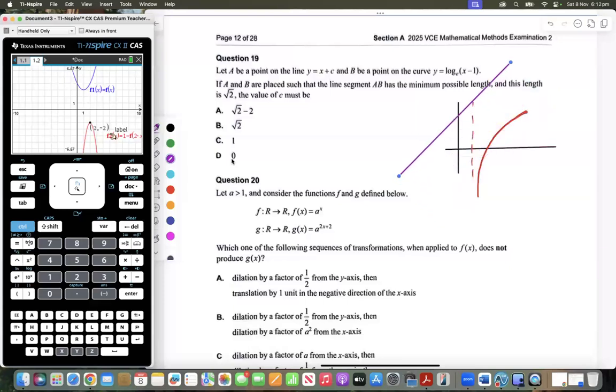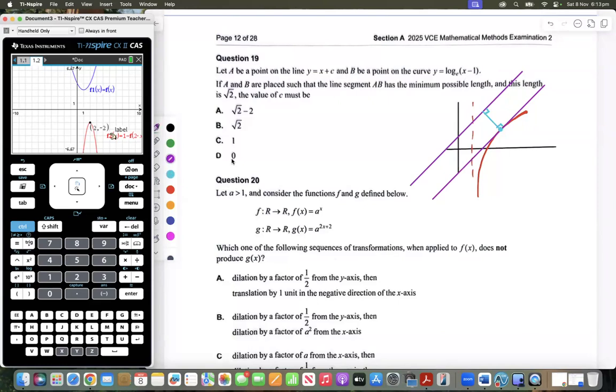If you think about this, the shortest distance always occurs if I copy this here and draw a tangent to the curve. The shortest distance occurs at the touching point, the perpendicular distance. Let me explain that again.